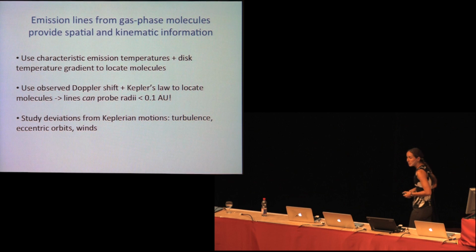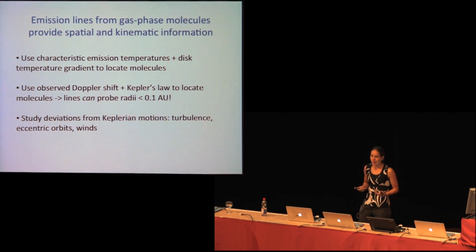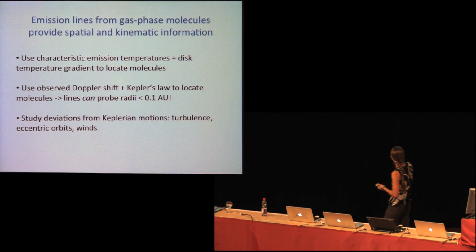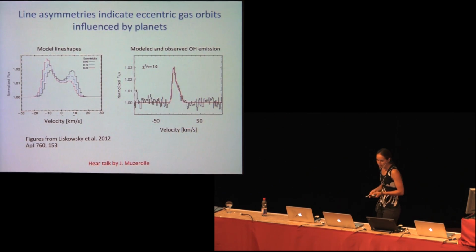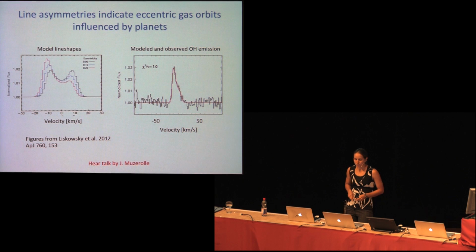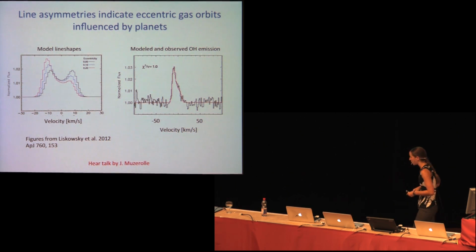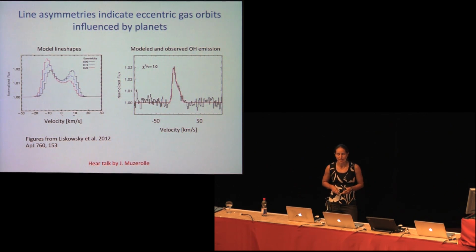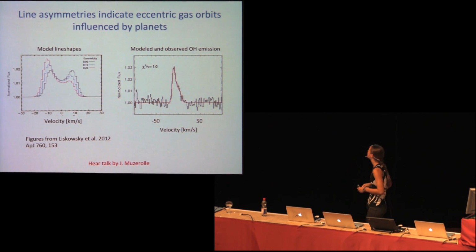Another thing you can do is study deviations from the expected Keplerian motion. That includes turbulence, which we've heard a little bit about. And I'm going to highlight a little something about eccentric orbits here. It turns out that if you have a planet in a disk, the orbit of the gas just outside of that planet can become eccentric.